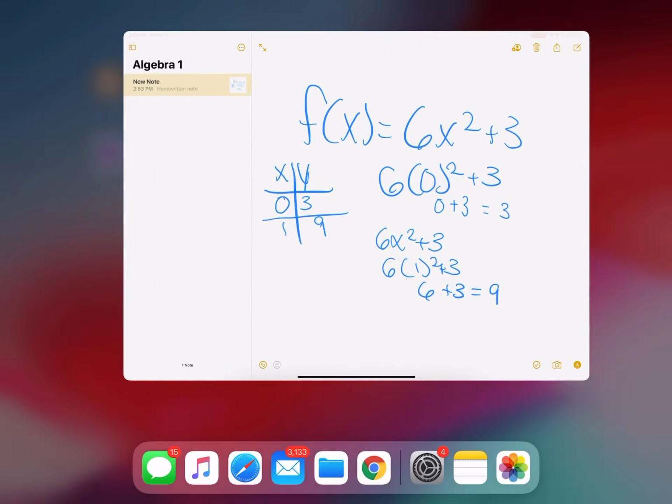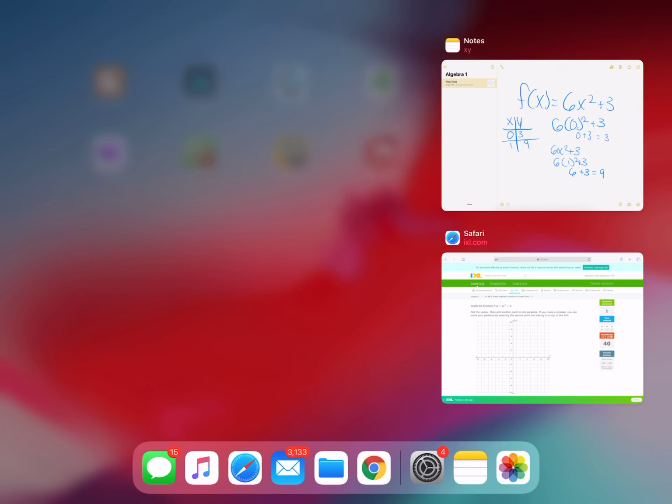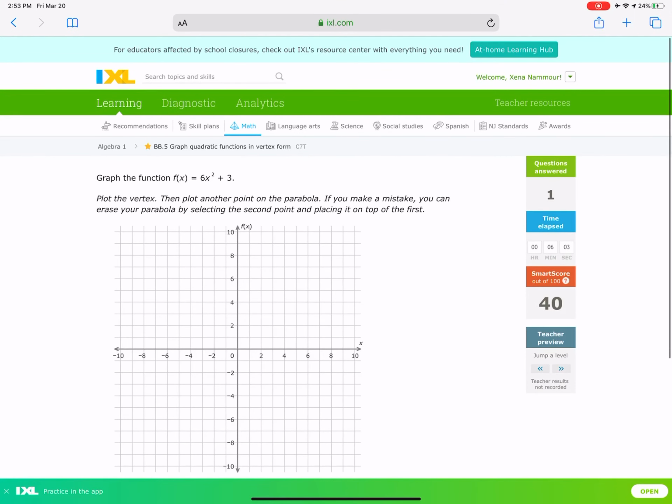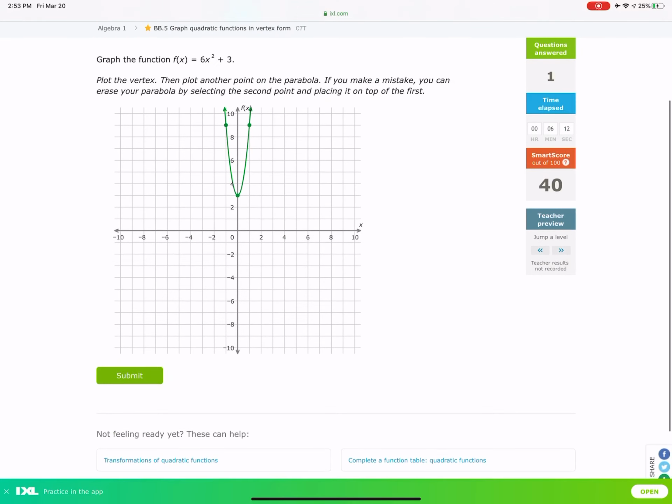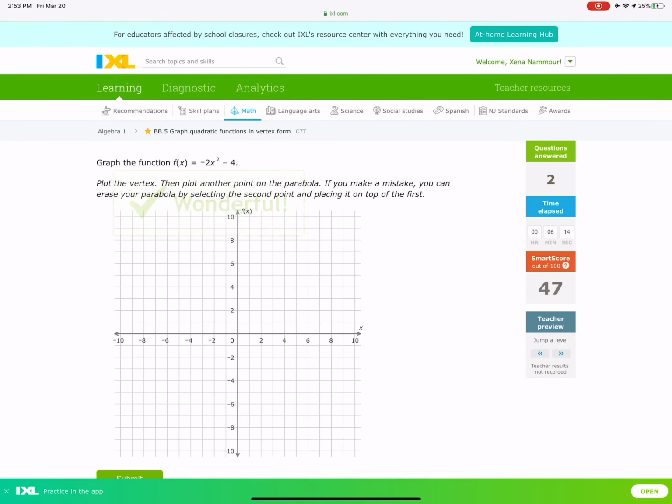So our first point is 0, 3, and our second point is 1, 9, okay? So we're going to put 0, 3, and 1, 9. Do we get that? And we clicked submit. Perfect.